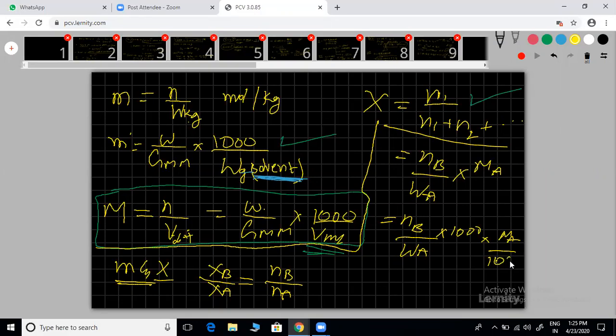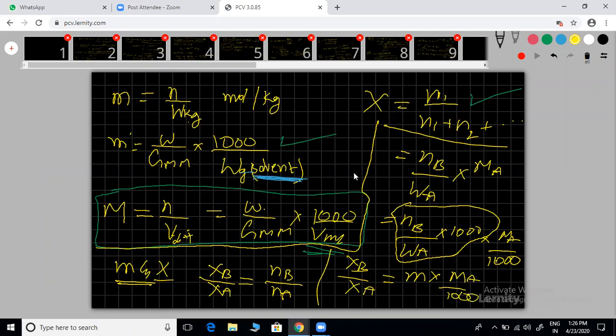You can see here the 1000 will be cancelled, again we get back the same number. Now this is the molality, weight of solute by weight of solvent, A means solvent, already given here, into 1000. I can write this is molality. So xB by xA, the mole fractions, equals molality into MA by 1000.